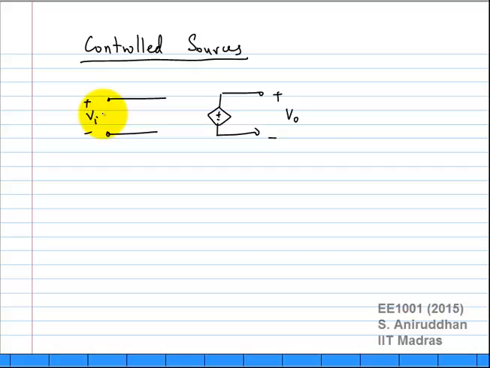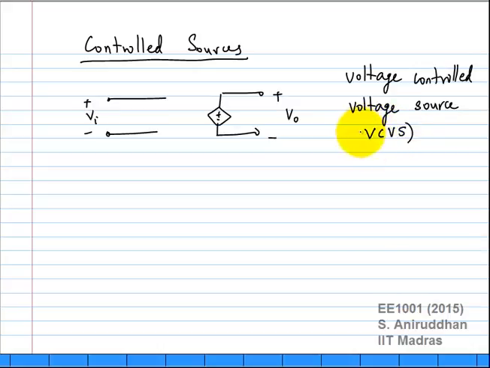So what kind of element is this? This element is called a voltage controlled voltage source, very often abbreviated as VCVS.